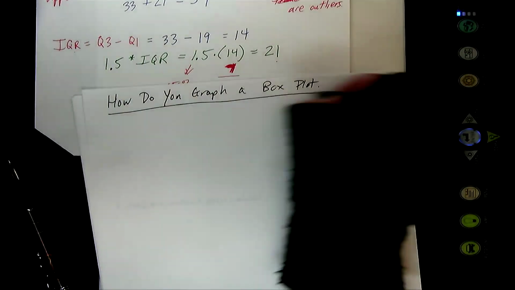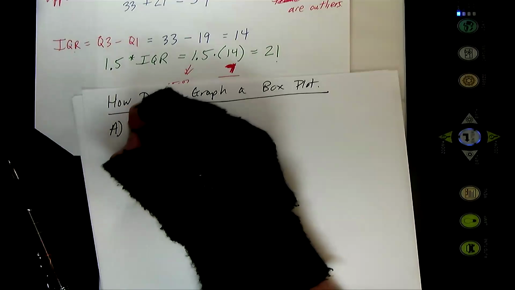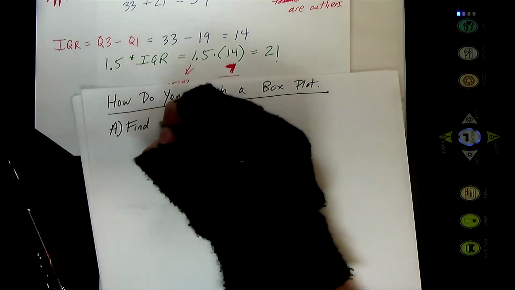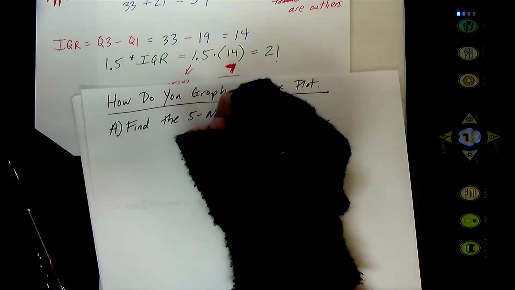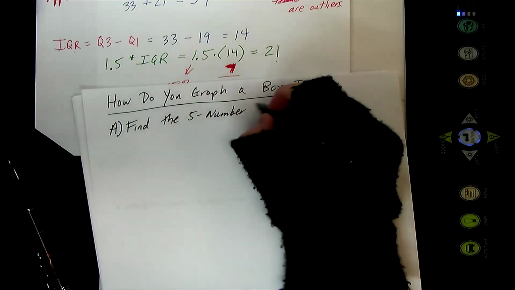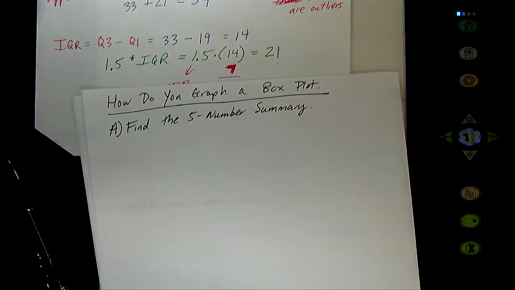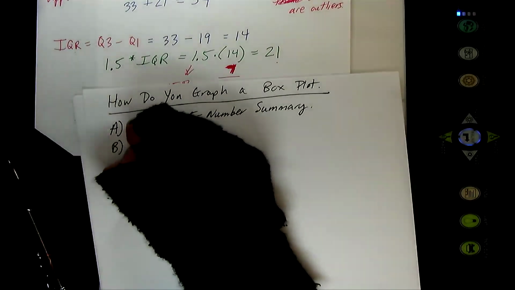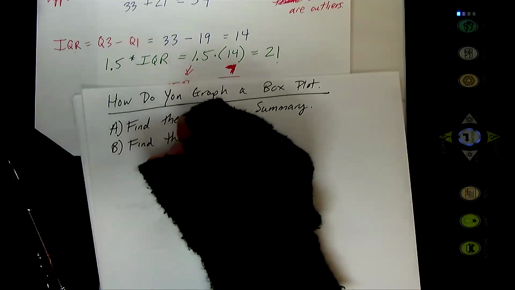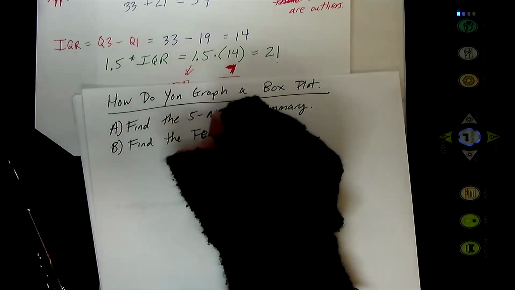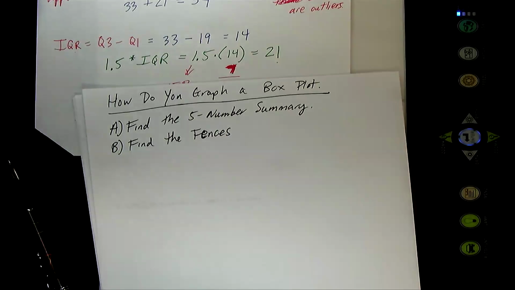Well, to do that, you need to find the 5-number summary. Next, you find fences, which we just did, we showed how to do it.